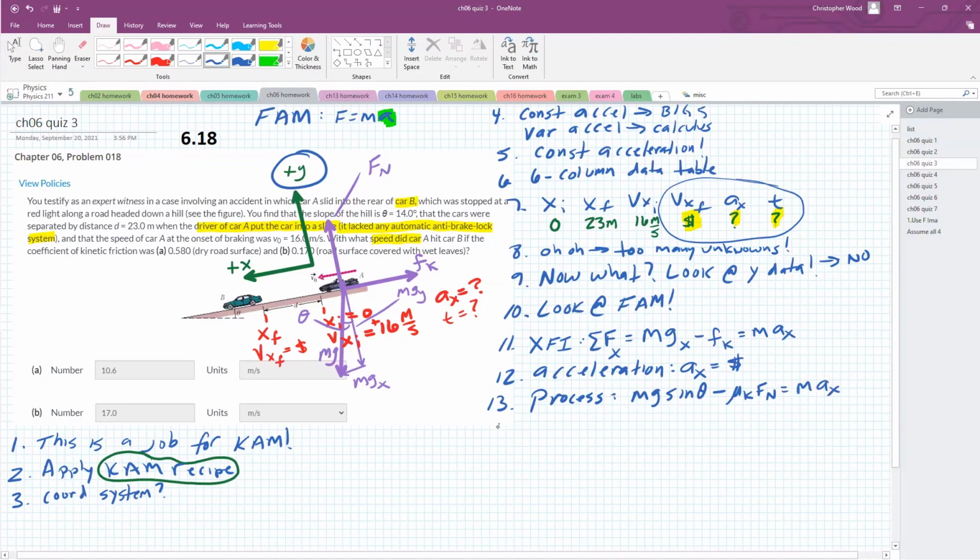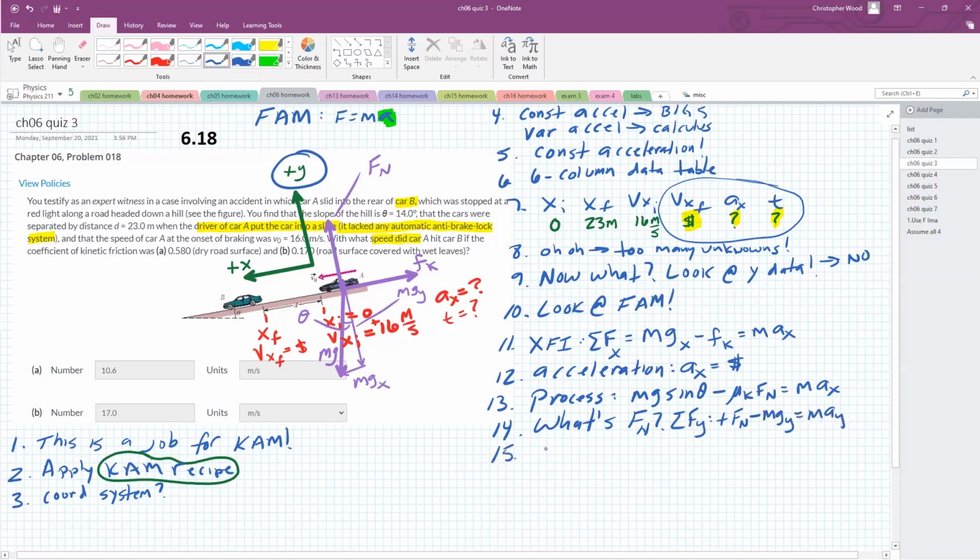What's F sub N? This really does look pretty familiar. You hopefully are starting to see repetition. What's F sub N? If I do the sum of all Y forces, I have F sub N going up, and down I have MGY, equals MAY.